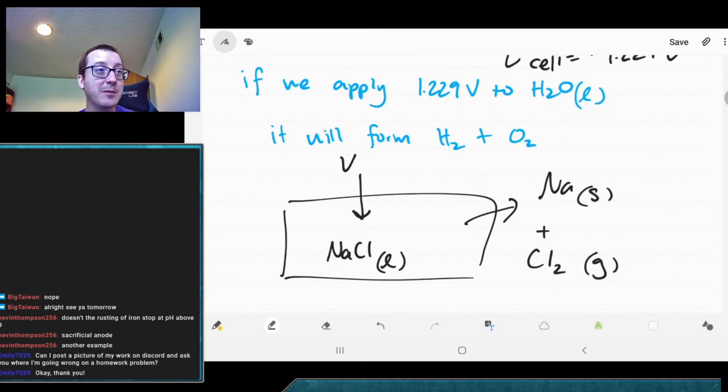So you can forcibly separate ionic compounds by applying a voltage to them, and it'll work. If we want, we could calculate this potential, but it's not really necessary. The point is we can just force these things to happen.